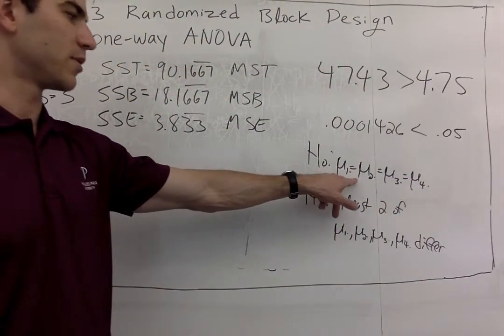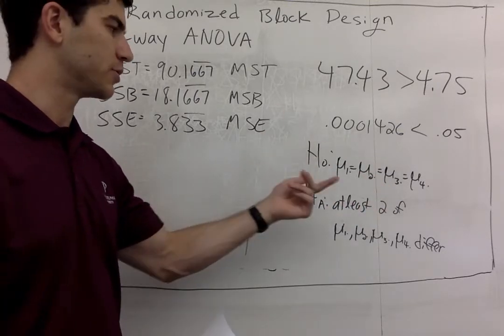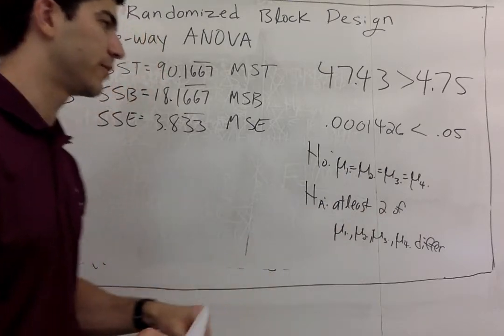So the production methods, in terms of the defects they result in per production run, they're all equal versus at least two differ.